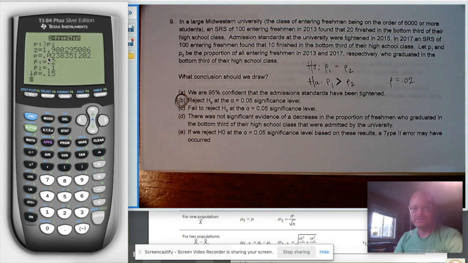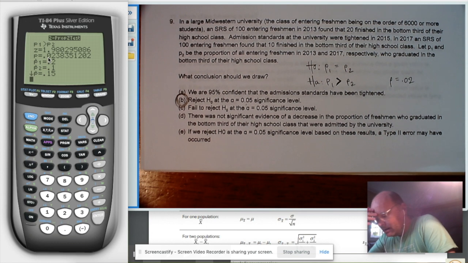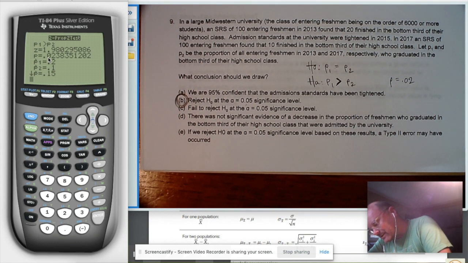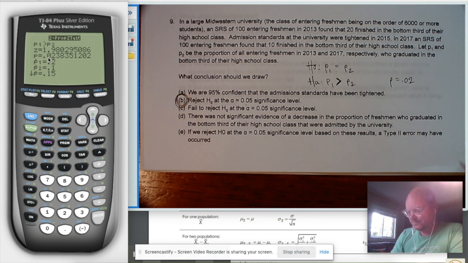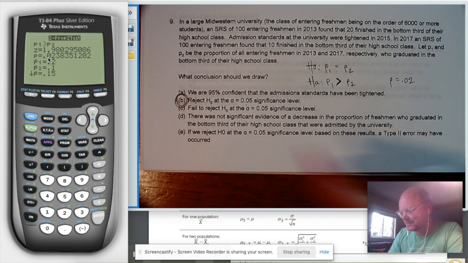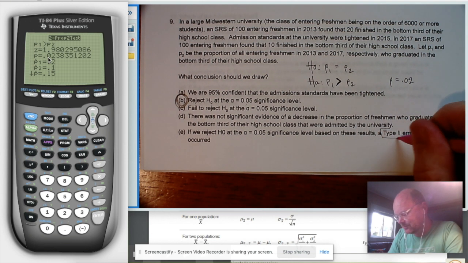So either we got stupidly unlucky, or maybe it was the null hypothesis that was wrong in the first place. That's the one. And then E, if we reject the null hypothesis at the 5% level based on these results, a type 2 error may have occurred. Nah, rejecting the null hypothesis could have resulted in a type 1 error.